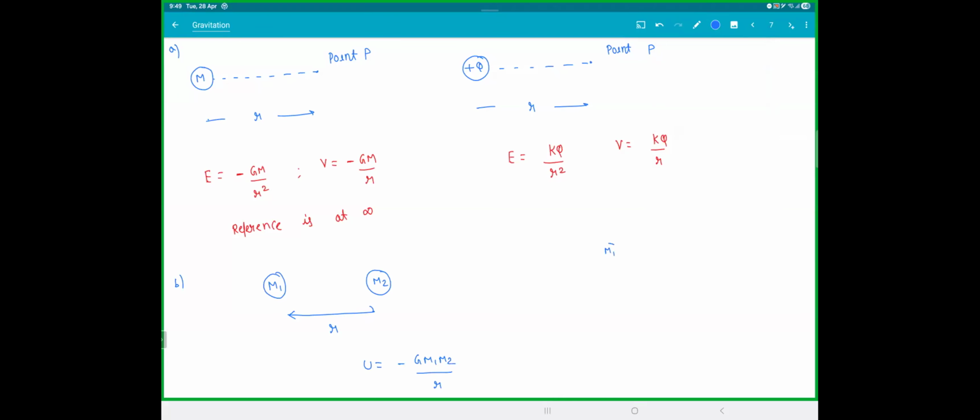If you have multiple masses m1, m2, m3, then the potential energy of the system is the sum of all possible pairs: U12, U23, and U31. Now you can see the resemblance, I suppose, like they look exactly the same. You just need to replace all that k with minus G. Any doubts on this?